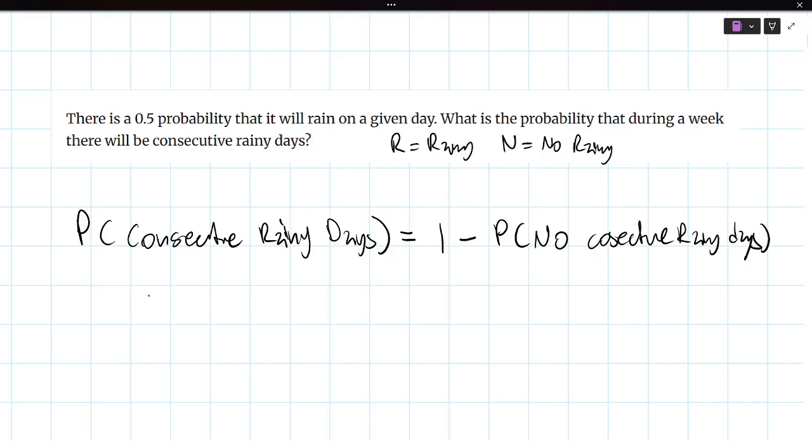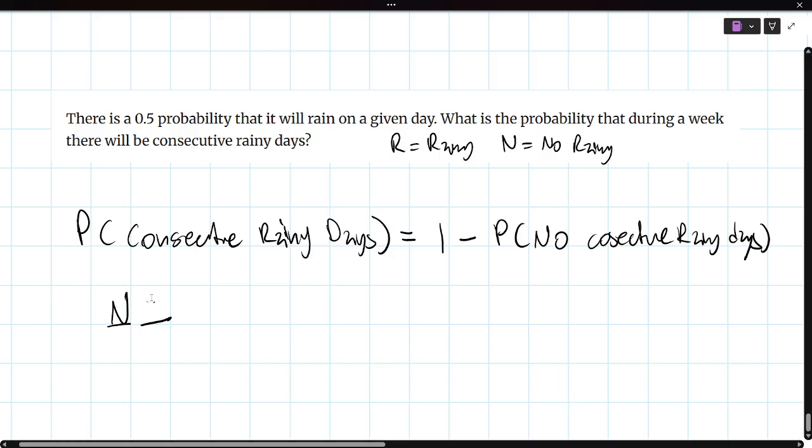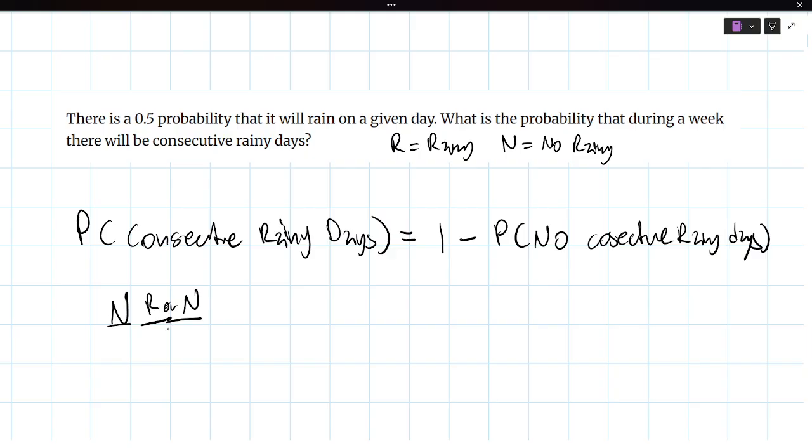And I thought, okay, let's say my first day is a non-rainy day. For it to not be a consecutive rainy day, my second day can be a rainy day or non-rainy day.